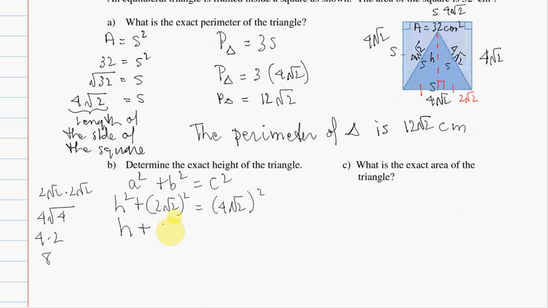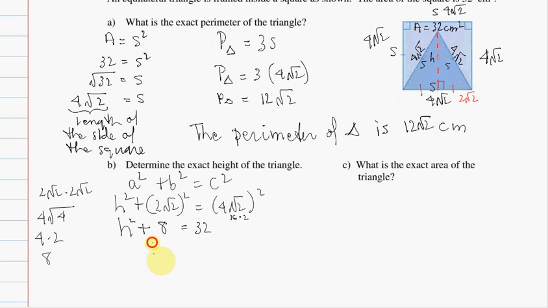So we get h squared plus 8 is equal to, and then use the same method that we did for squaring the 2 root 2, so we're going to go 4 squared is 16. Okay, I'll just write that here. And root 2 times root 2 is root 4, and the square root of 4 is 2, so we really have 16 times 2, which is 32.